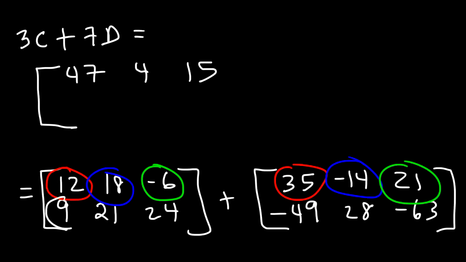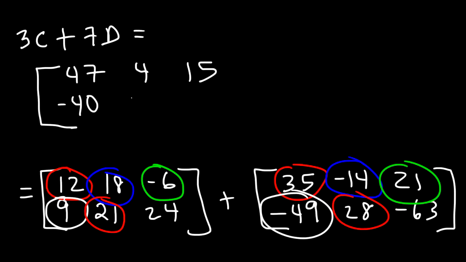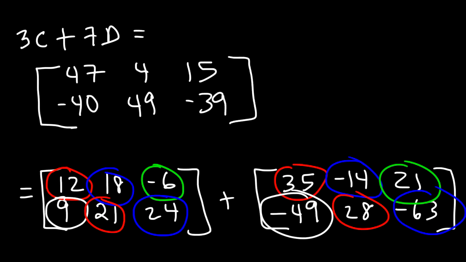And then we have 9 and -49, which is -40. 21 plus 28, that's 49. And then 24 plus -63, or 24 minus 63, that's going to be -39.